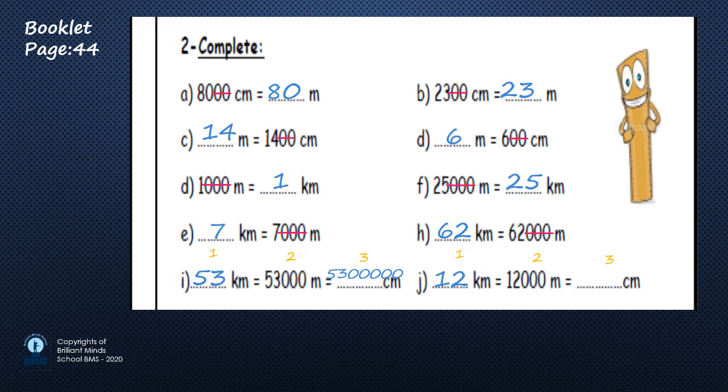From big to small, getting bigger. So multiply, which is mean drop zeros. How many zeros we gonna drop? 2 zeros from 100 and 3 zeros from the number in the question. So the total number of zeros, we're gonna drop 5 zeros. And then we're gonna do what? 12 times 1 equal 12.